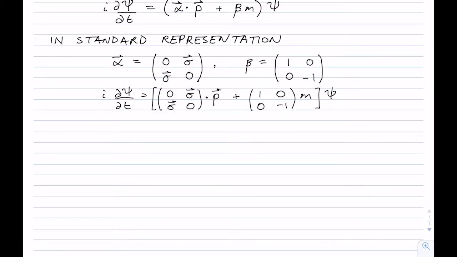And then I can take that dot product explicitly. Sigma dot p is also a 2x2 matrix, and when I write m here, I mean m times the 2x2 identity matrix, which is the diagonal m, m.